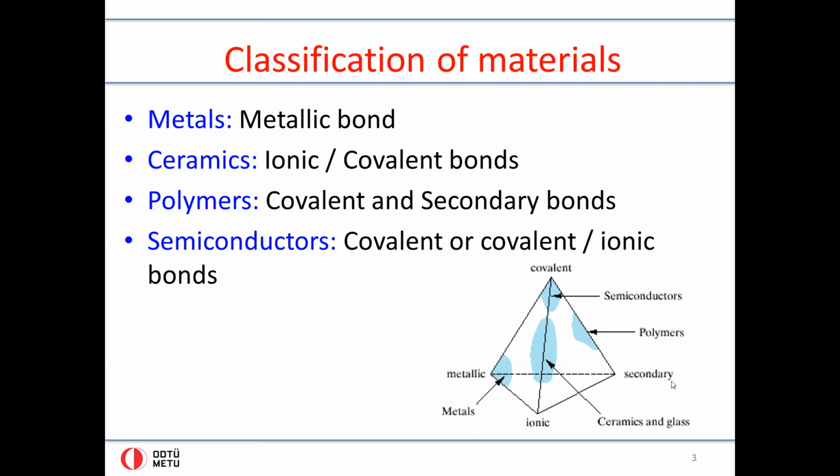Secondary bonds are weaker. The other three, the metallic, ionic, and covalent, being referred to as primary, or being stronger than the secondary. Hence, you might imagine that ceramics are not like metals, and they are not weak because they are a combination of a strong and another strong type of bond.